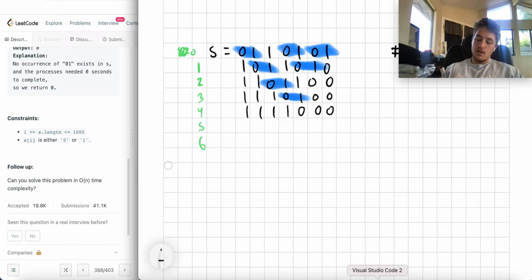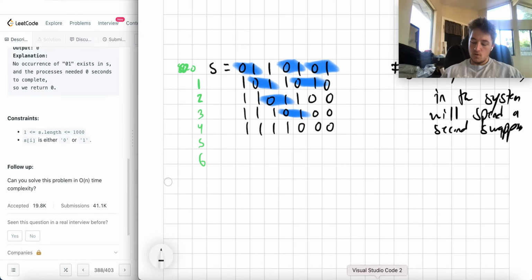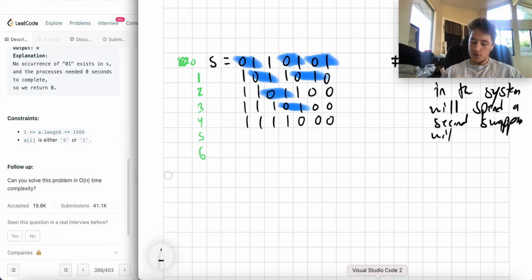Observation number 1 is that any 1 in the system will spend a second swapping with each 0 to its left.